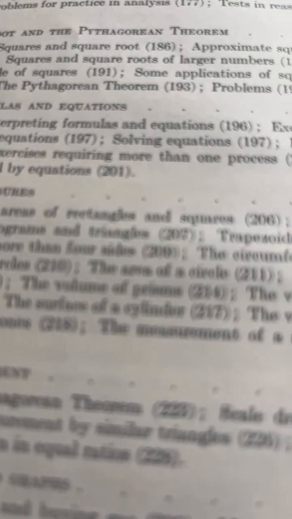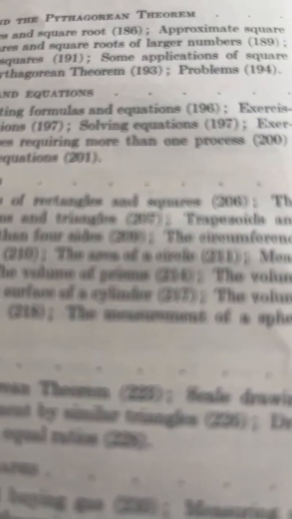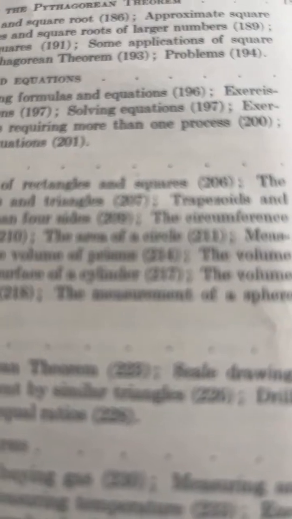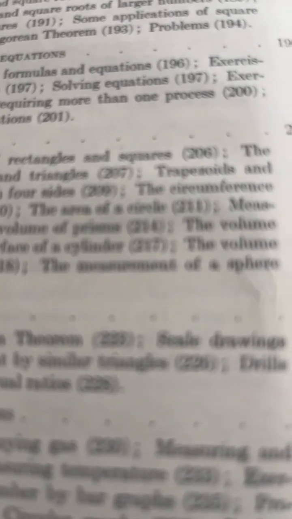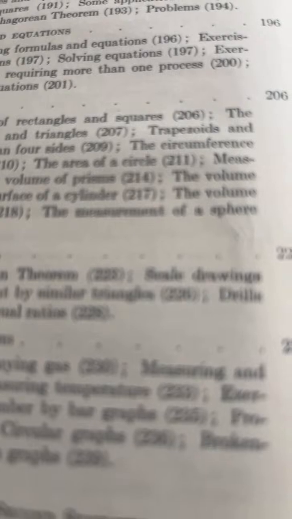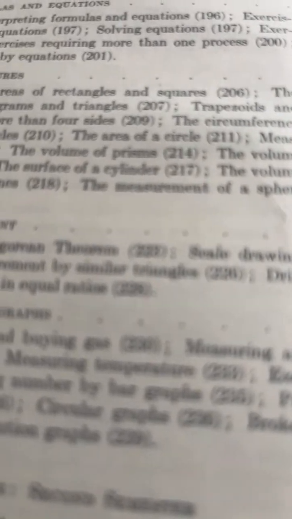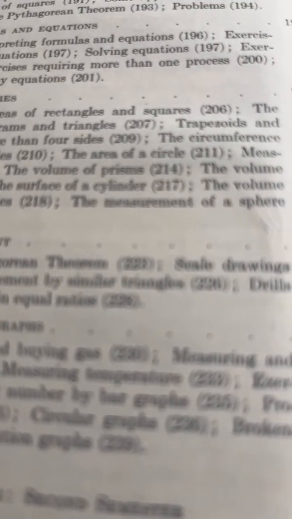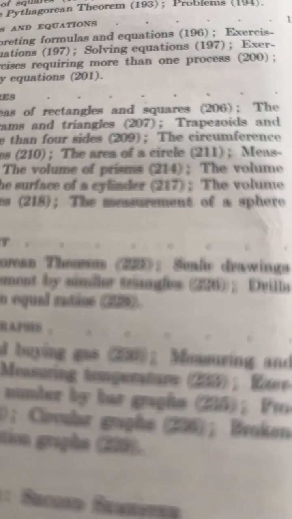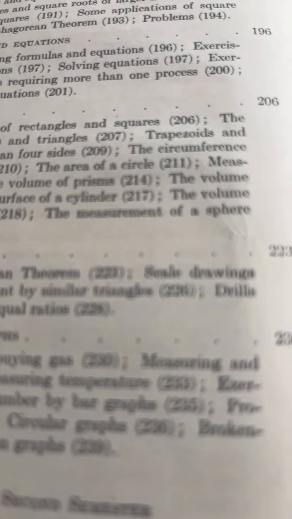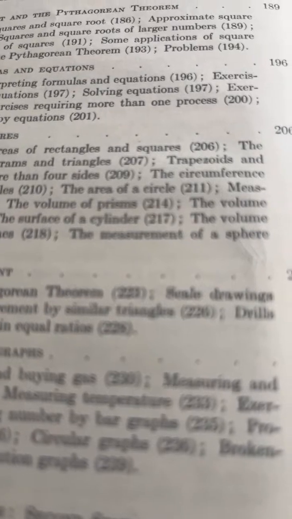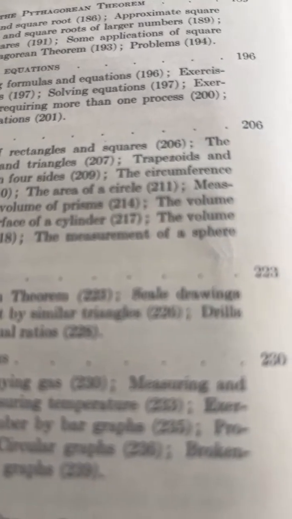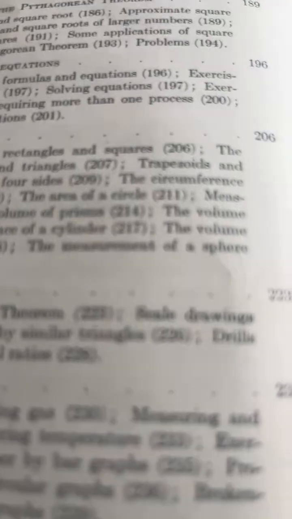Chapter 4, interpreting formulas and equations, exercises, writing equations, solving equations. Section 5, practical measures. Topics, the area of rectangles and squares, the area of parallelograms and triangles. Man, everything is covered here. Everything.